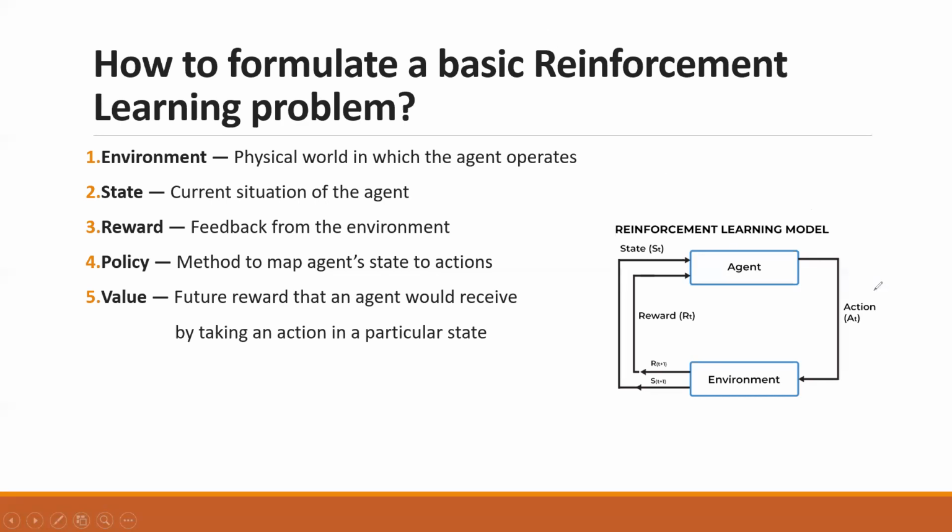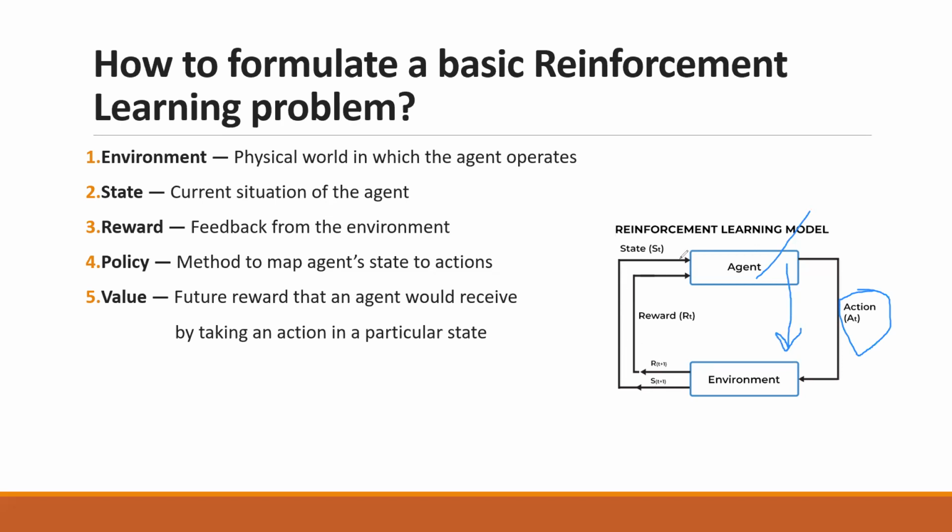There is a set of actions on the basis of which this agent can interact with the environment. Next, there is a reward, which depends on the environment and the action being taken. Whenever it is positive, the agent is rewarded, and otherwise the agent is punished.